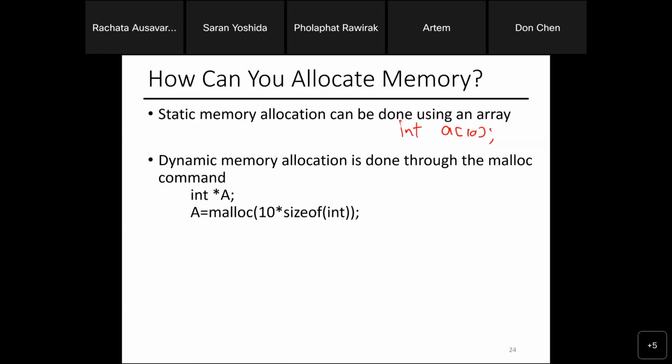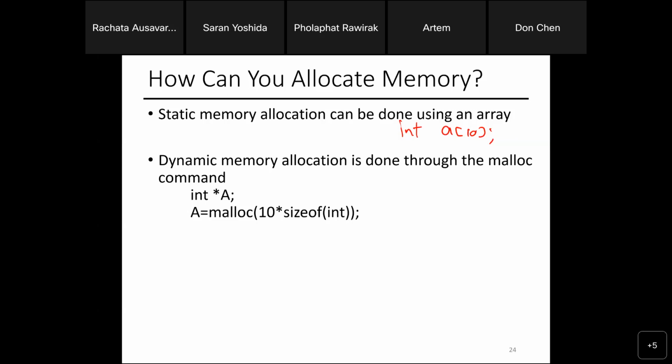For example, I need a place to store a bunch of integers, but I don't know the size until I run the program. Let's say the program has the user feed in how many integers I have to store, from 10 to 100 to 1000 or something like that. It depends on the size.